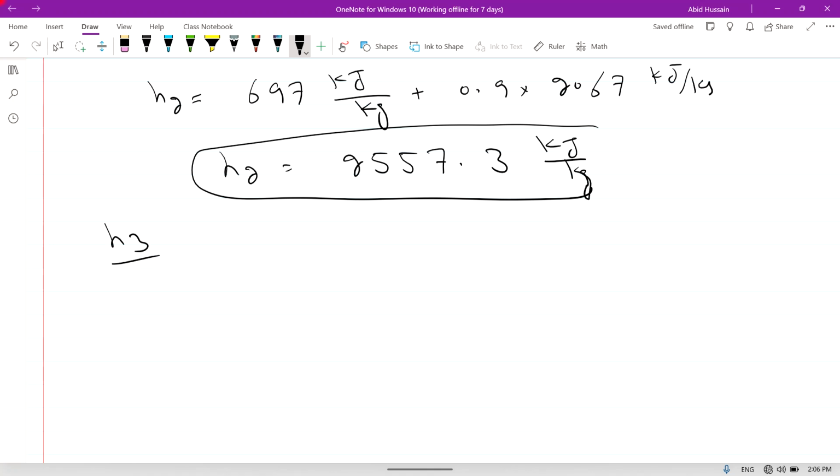Now we find h3. h3 is dry saturated, so h3 is equal to hg. As h3 is enthalpy at the dry saturated region, h3 is equal to hg.